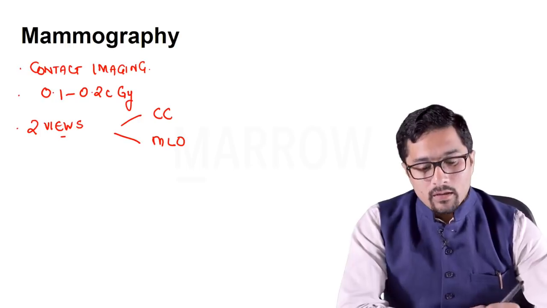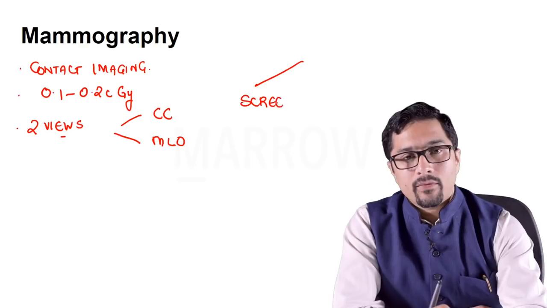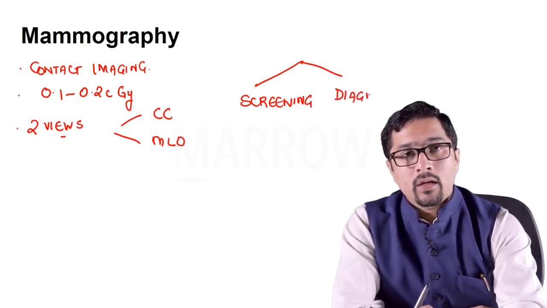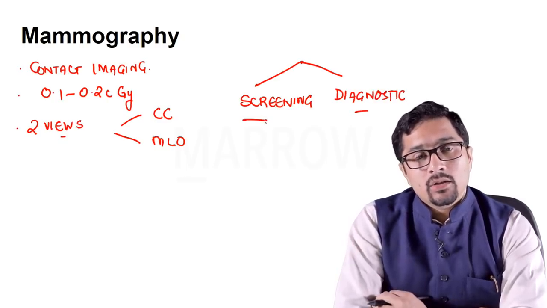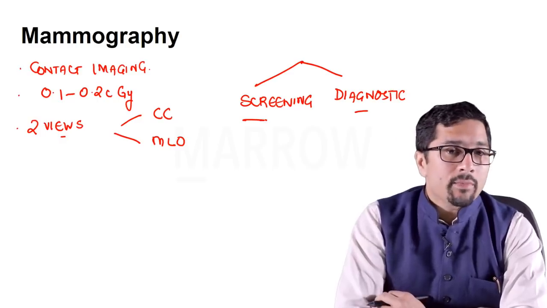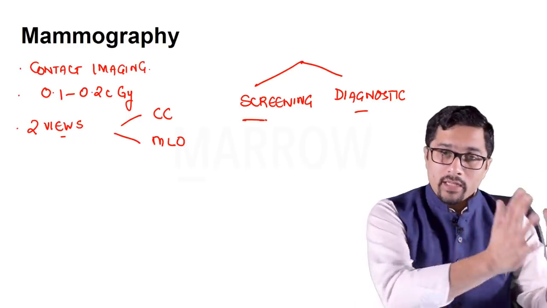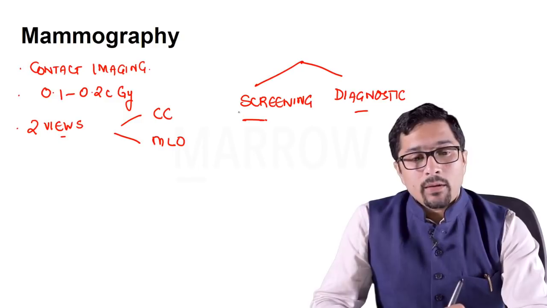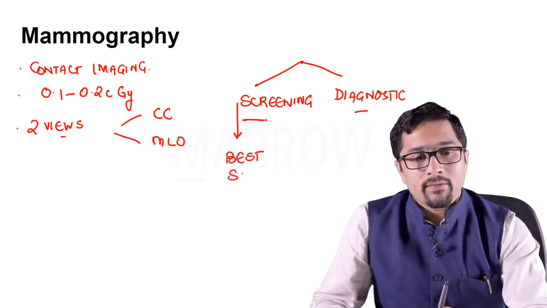Now, mammography can either be a screening mammography or it can be a diagnostic mammography. So this is again something which students tend to forget. They always think that mammography is only a screening modality. That's not true. So you can either have a diagnostic or a screening mammography. Now, if you talk about screening mammography, this is the best screening investigation in breast cancer.